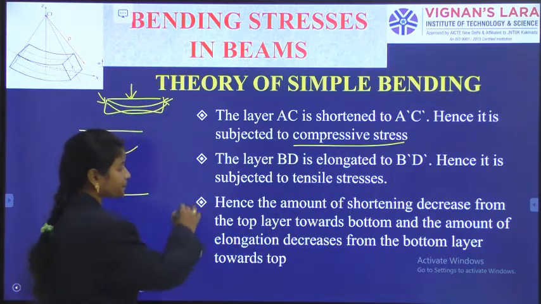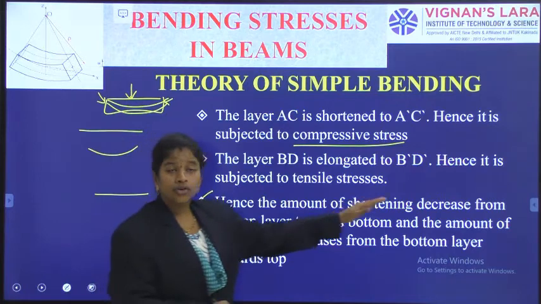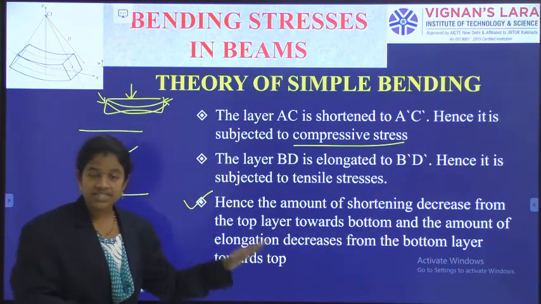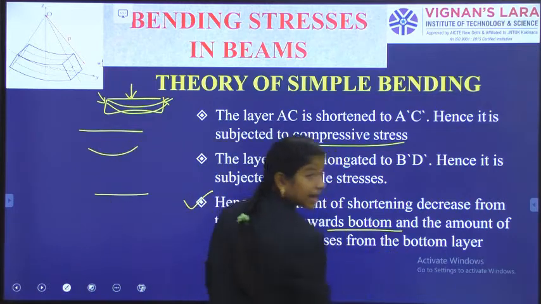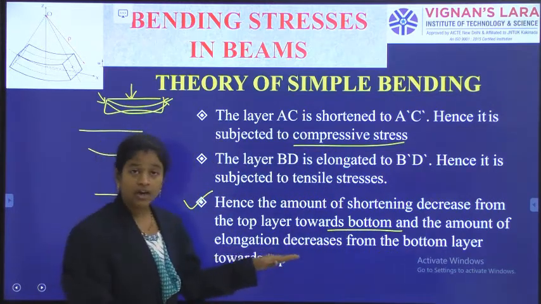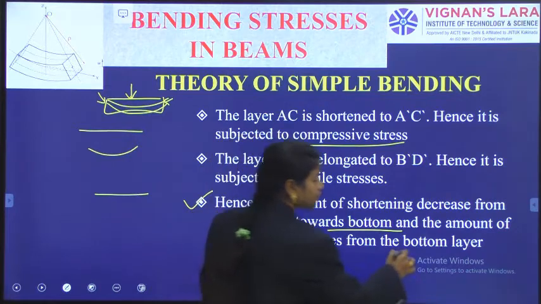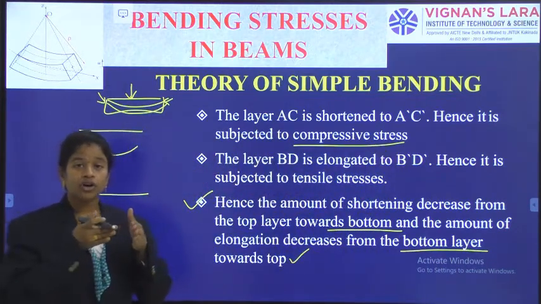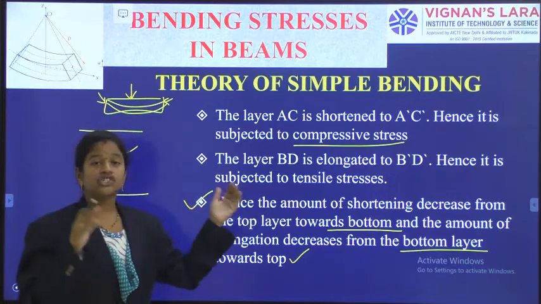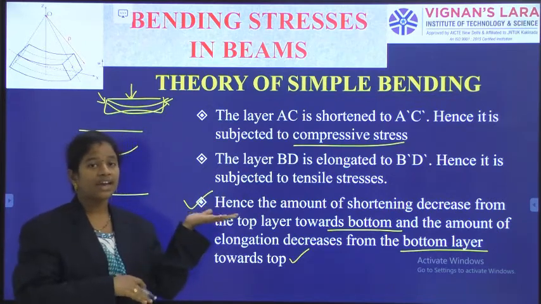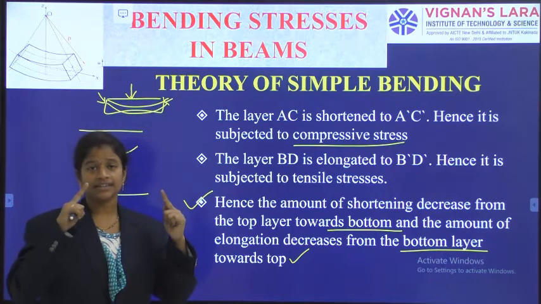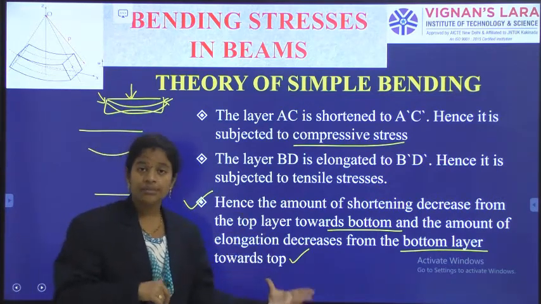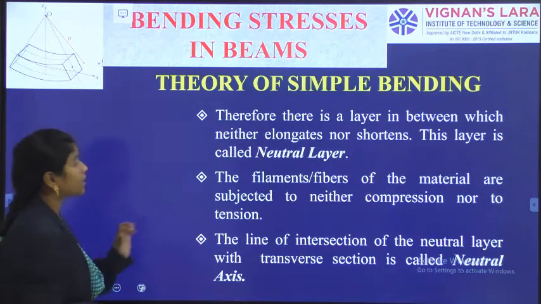Hence the amount of shortening decreases from the top towards the bottom, and the amount of elongation decreases from the bottom towards the top. Initially in the top layer we have a reduction in length, and it reduces less as we come down.